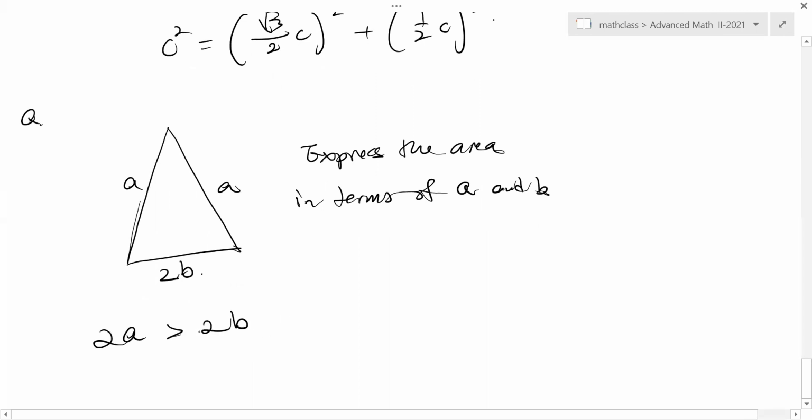Otherwise this is wrong. So that implies A should be greater than B. Otherwise, you're not going to make a triangle. So remember A should be greater than B, right? If A is smaller than B, you're not going to make a triangle. Can you express the area in terms of A and B?